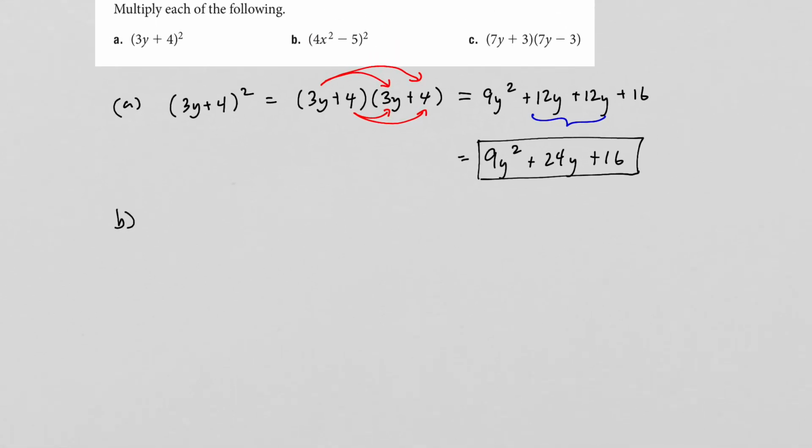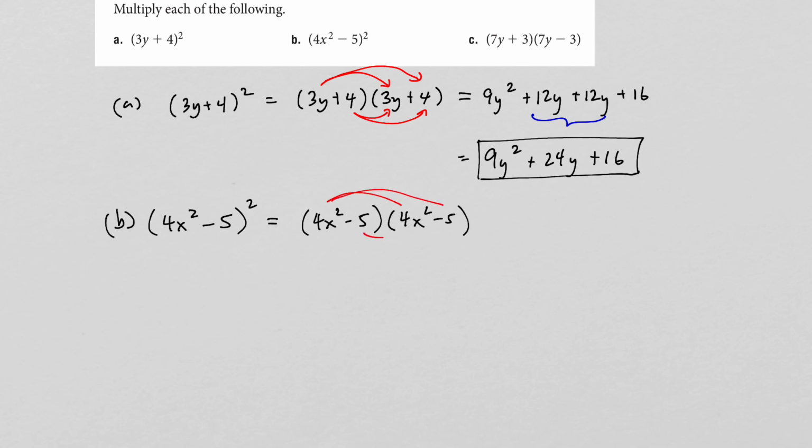Now for the next example, it's the same thing, except now we have 4x squared minus 5 quantity squared. So this is going to be 4x squared minus 5 times 4x squared minus 5. And I do the same thing. Multiply this out. You don't have to draw these lines if you don't need to. 4x squared times 4x squared is 16x to the 2 plus 2, which is 4. 4x squared times negative 5 is negative 20x squared.